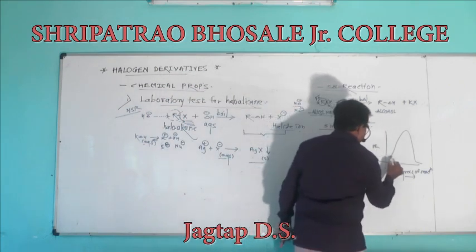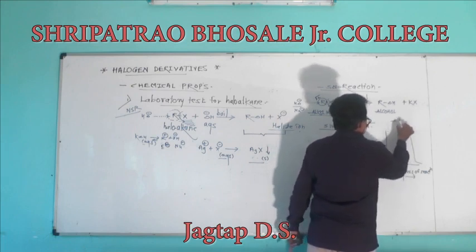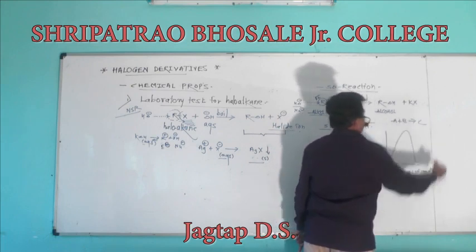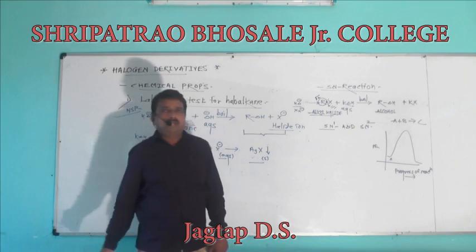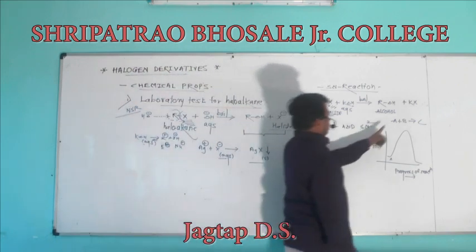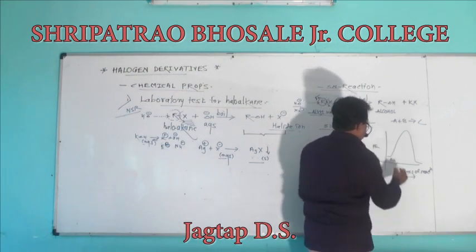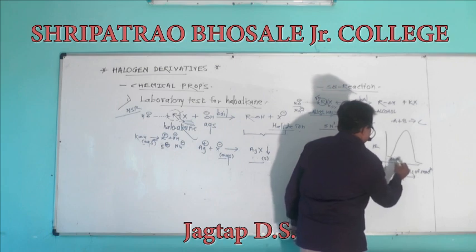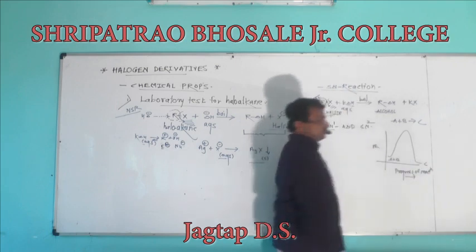Consider the reaction A plus B gives C. Reactant species A reacts with B to give product C.